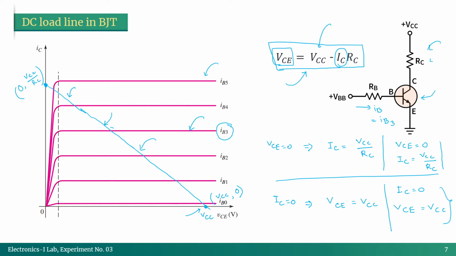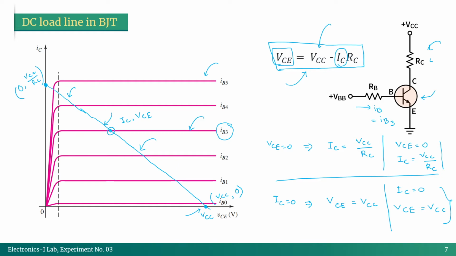The intersection point of these two will give the value of IC and also VCE at that particular moment for this circuit. In this way we can show the values of IC and VCE for a particular circuit. That is the significance of the DC load line in a BJT.